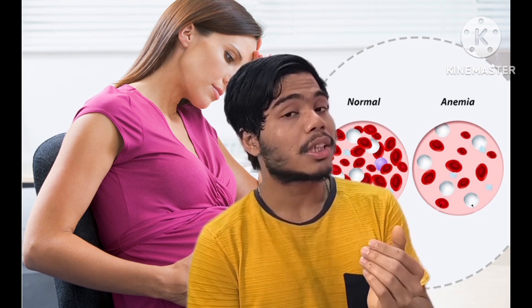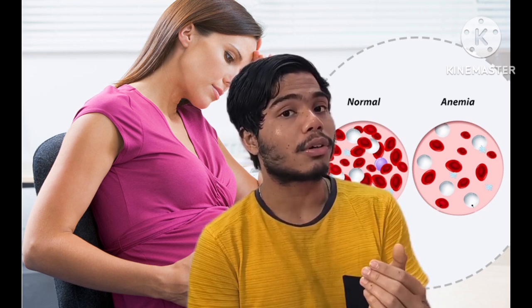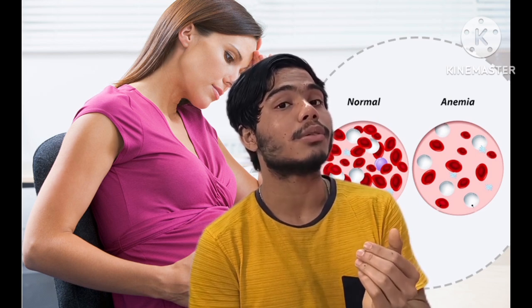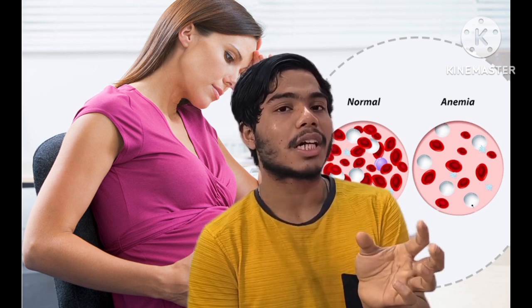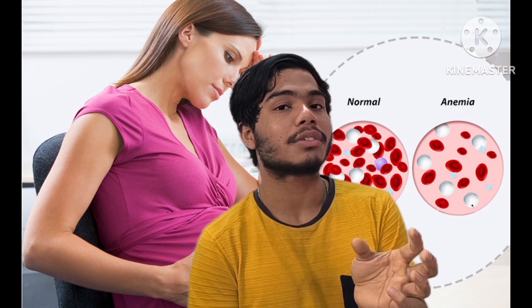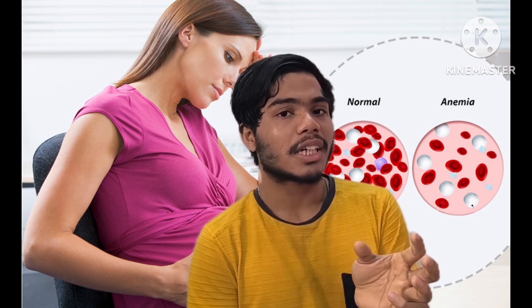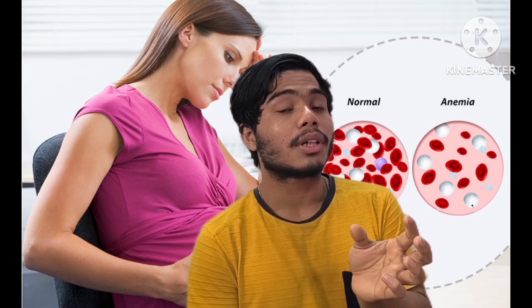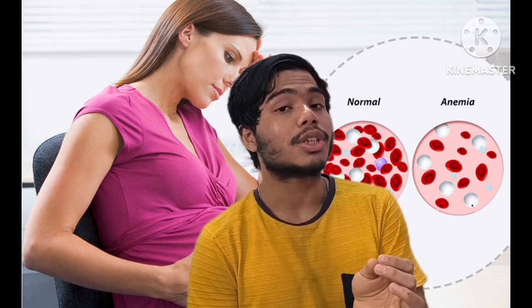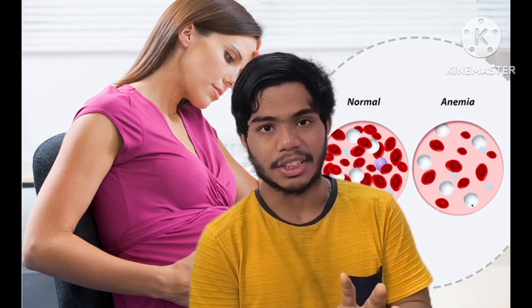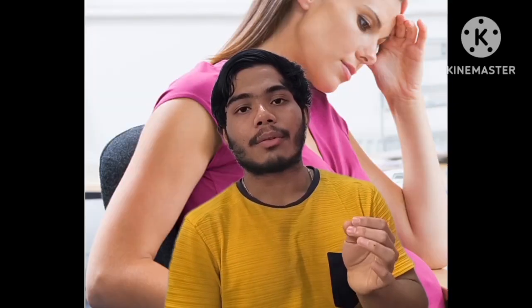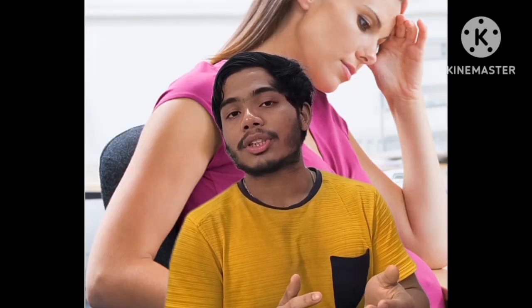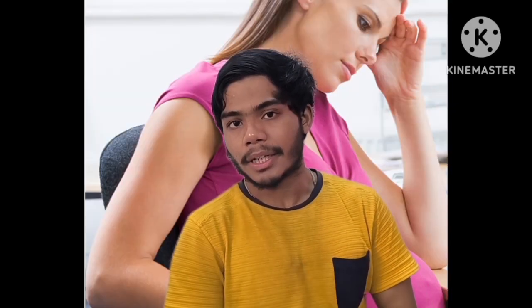As a result, a hemodilutional effect occurs, and due to this hemodilutional effect, RBC and hemoglobin concentration is slightly reduced, and this condition is known as physiological anemia during pregnancy. Now I am going to explain what are the causes of physiological anemia in pregnancy.